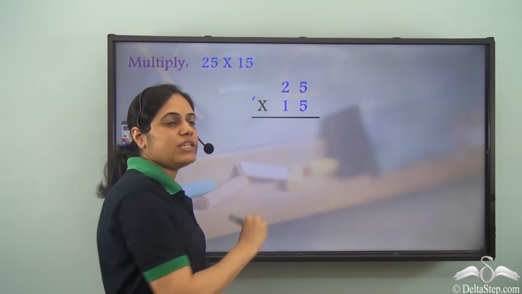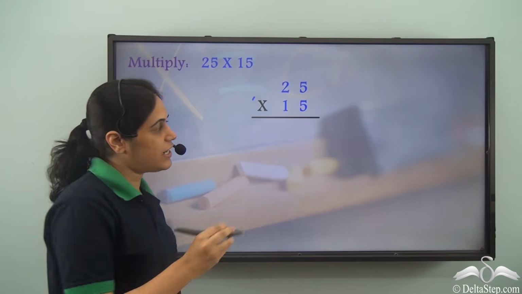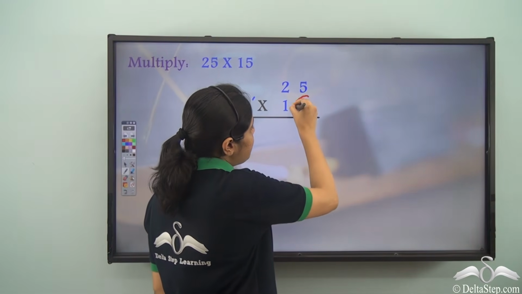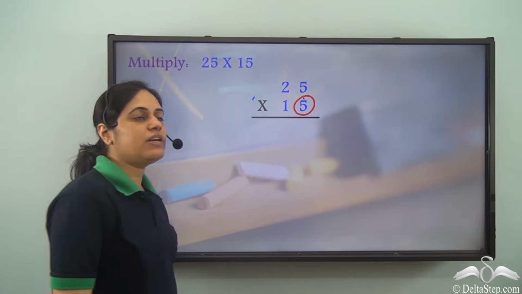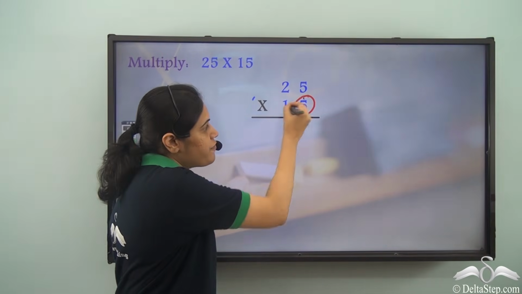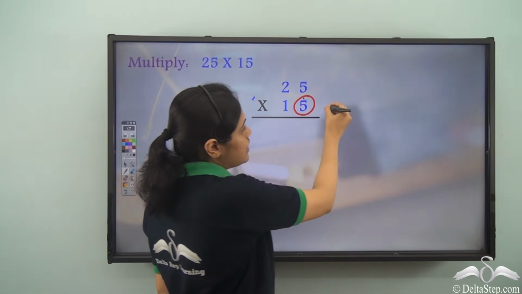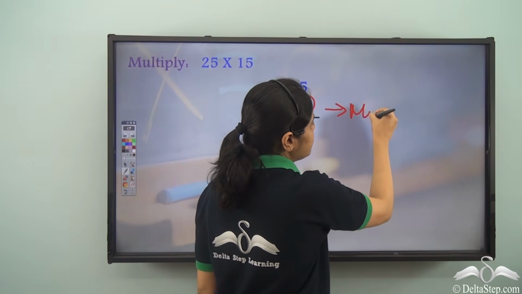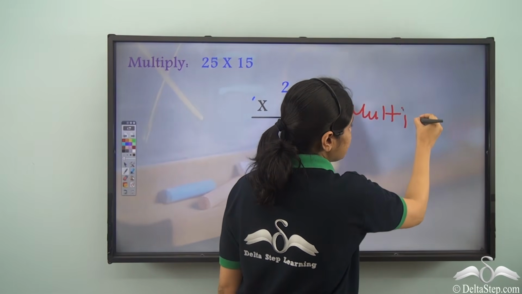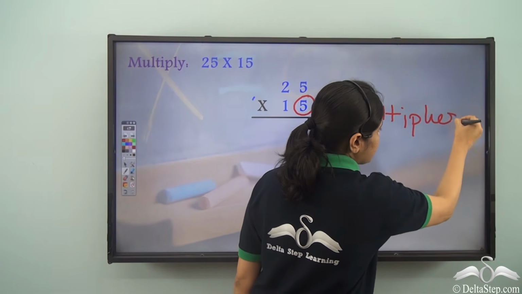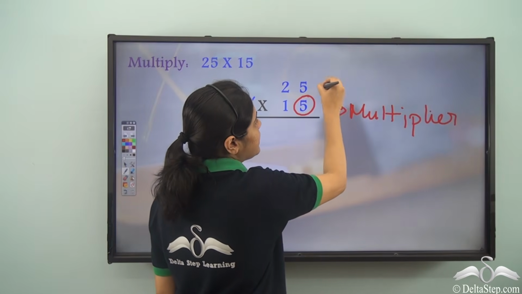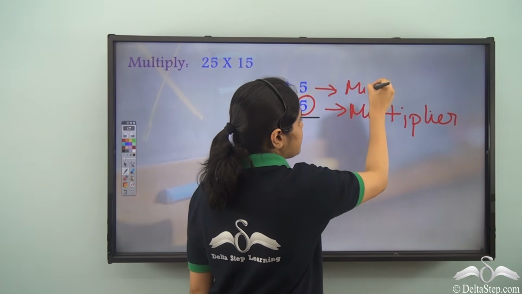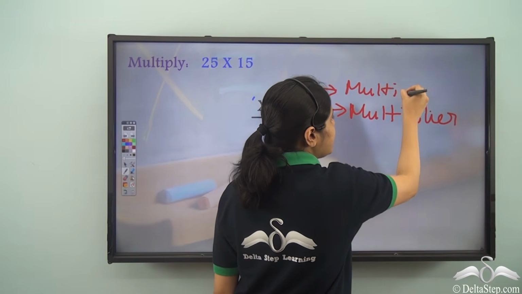So I have 15 here. The first thing I need to do is consider the ones digit of this. This is the multiplier, and this is the multiplicand. This we have already learned.